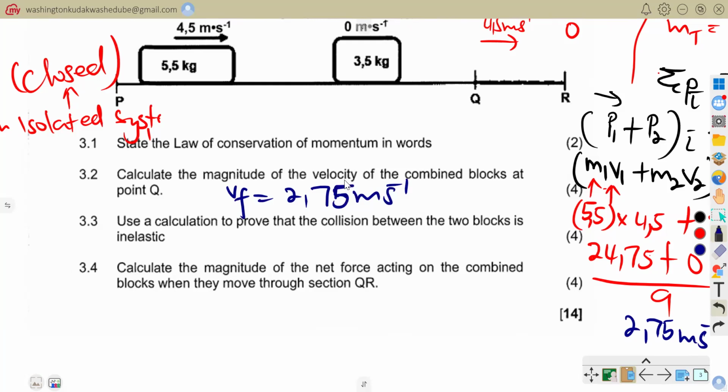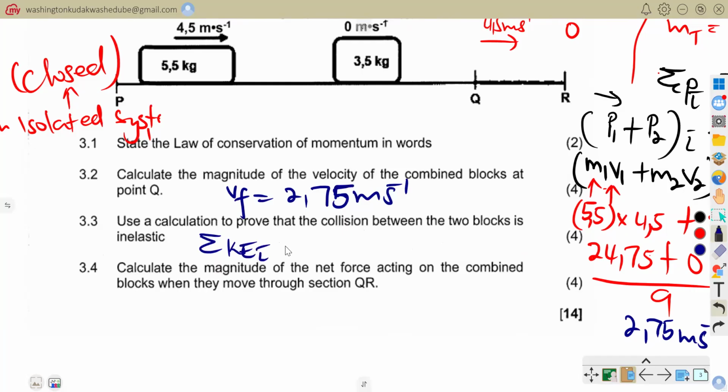Now, they're saying use a calculation to prove that the collision between the two blocks is inelastic. This is what we were just discussing, to say that for an inelastic collision, our total kinetic energy is not conserved.